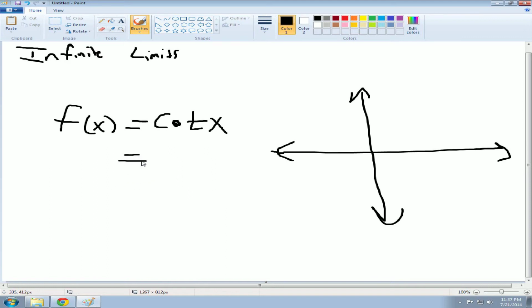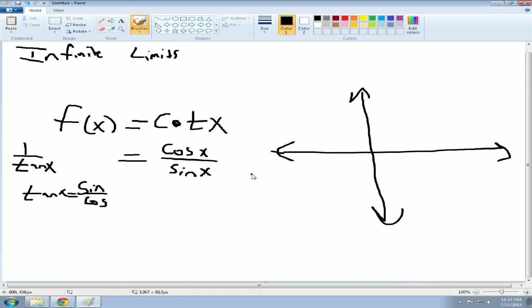Well, cotangent is 1 over tangent, and we know tangent is equal to sine over cosine. So 1 over tangent is going to be the reciprocal of this, which is cotangent, which is going to be cosine x over sine x.